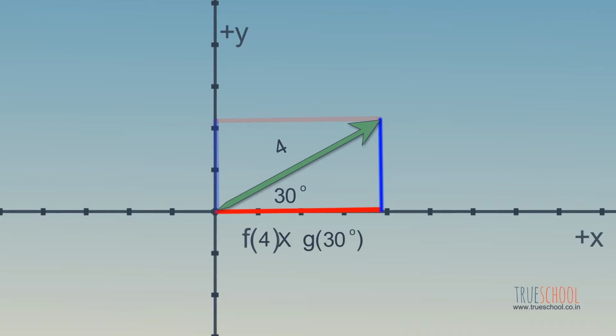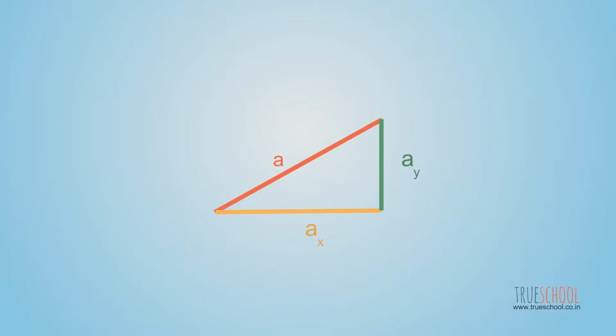Hence, we can replace this function with the length of this vector, and as this second function is related to the angle, we just call it cos theta. Similarly, the y component becomes the length of the vector times sine theta. Just remember that sine theta is the ratio of the y component of a vector to the length of the vector for a given angle theta, and so for cos theta.